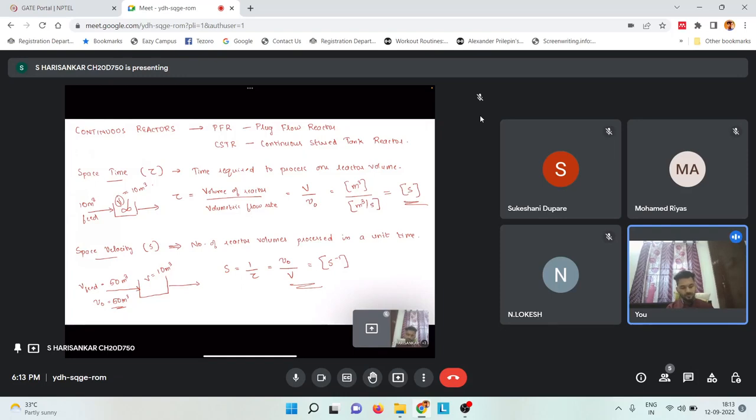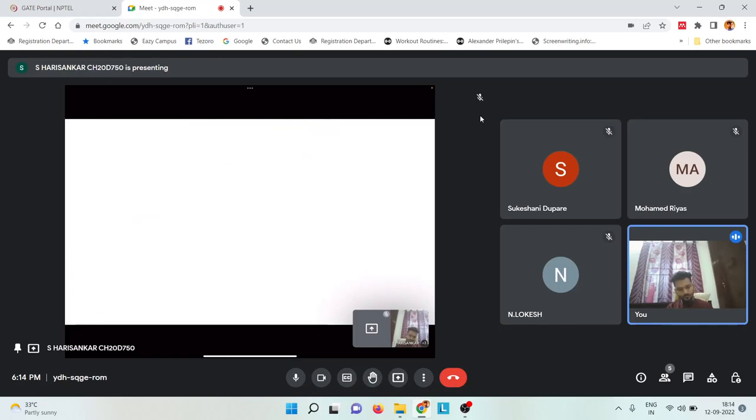All right. Let's move on. So the first one is the continuous stirred tank reactor, or CSTR. Some of the assumptions that we take for an ideal CSTR: the first assumption is perfect mixing.